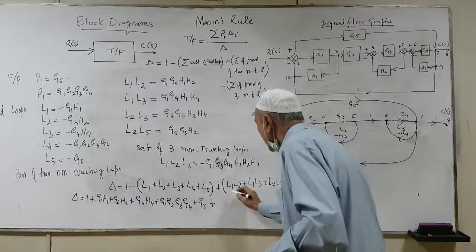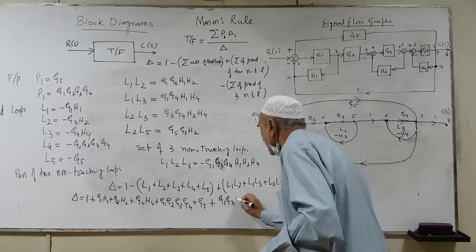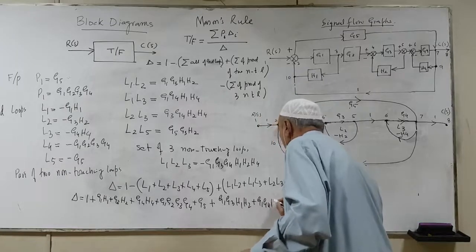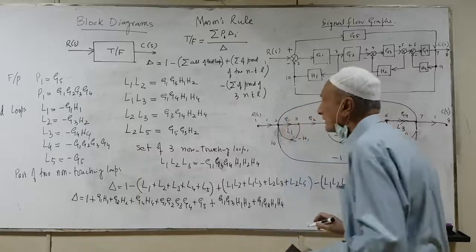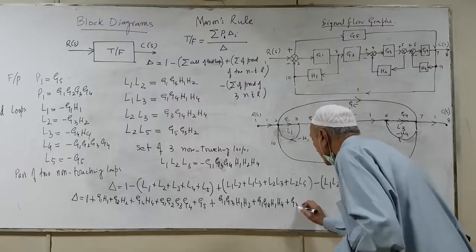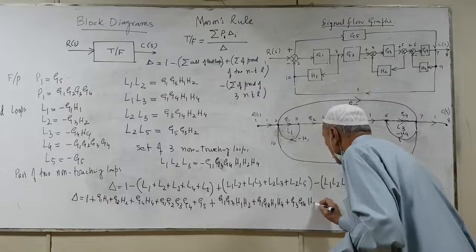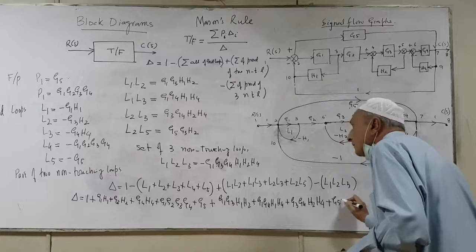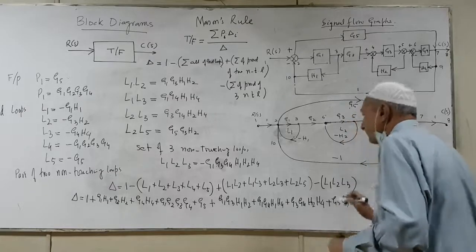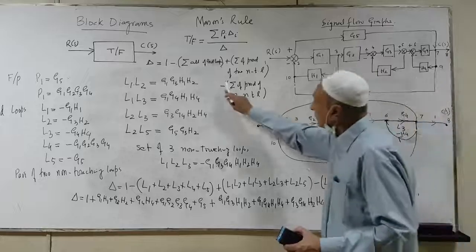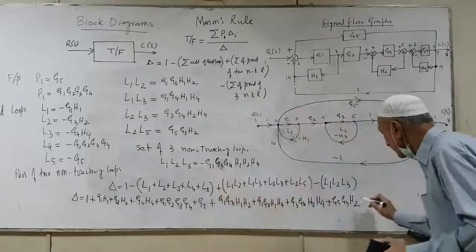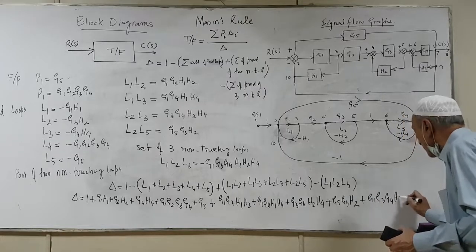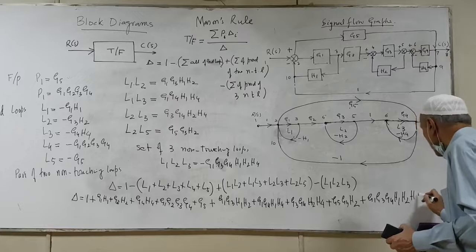So we write these in order. Last is G5 G3 H2. And then finally, minus. Now minus into minus becomes plus. So again we have G1 G3 G4 H1 H2 H4.